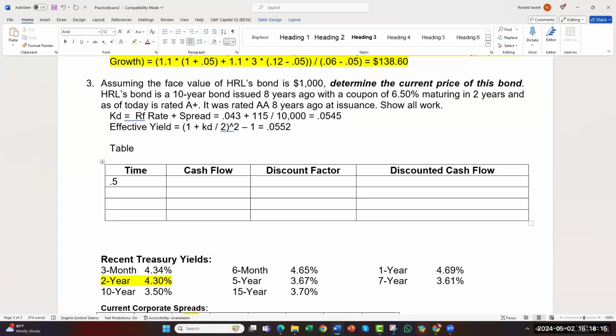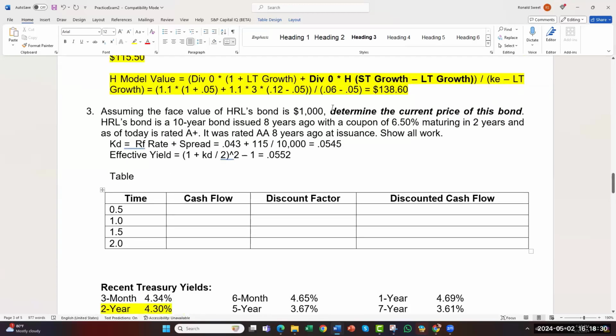So we'll get a cash flow in 6 months or half a year, a cash flow in a year and a half, and in 2 years. Our cash flow is going to be the coupon, 6.5%, but it's twice a year. So the coupon is going to equal $1,000, and always use $1,000, times 0.065 divided by 2.